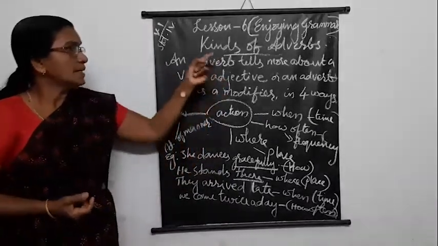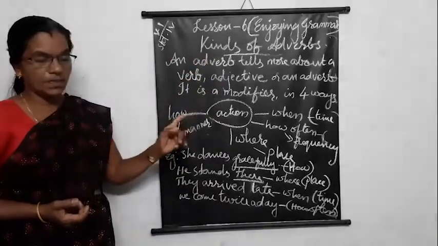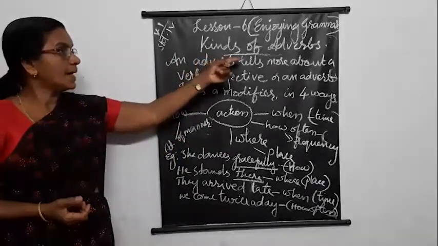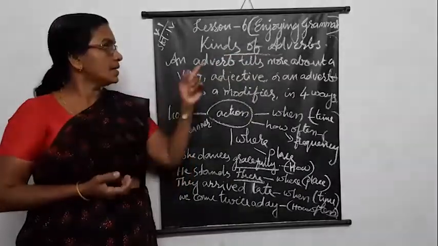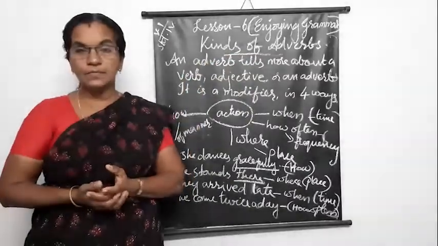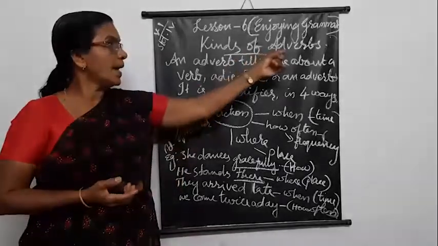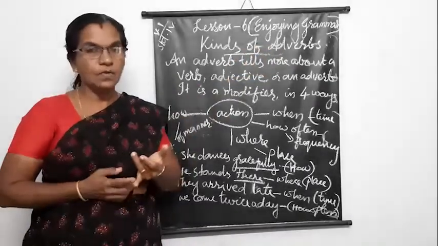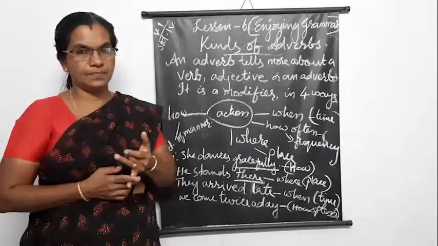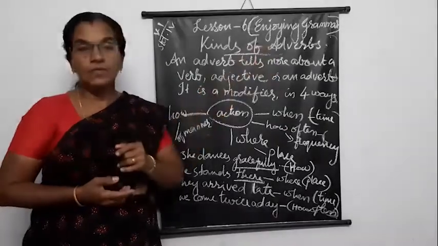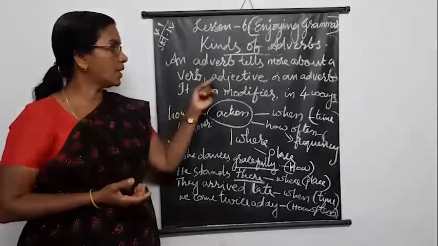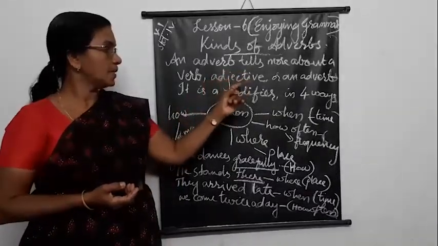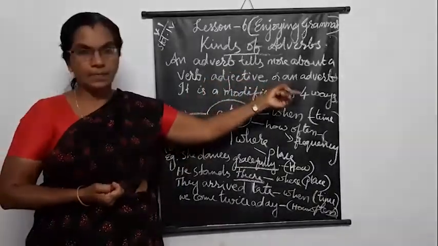In this lesson, we want to study kinds of adverbs. Before studying kinds of adverbs, we want to know what is an adverb. We know verb is an action word. Then we want to know what is an adverb. An adverb is a word which tells more about a verb, adjective or an adverb.